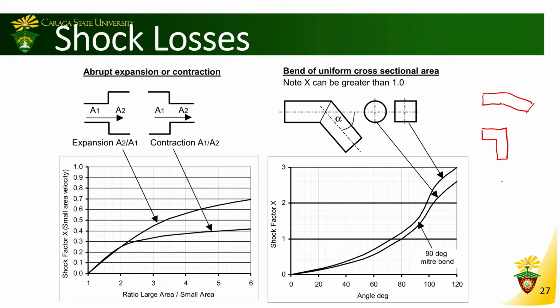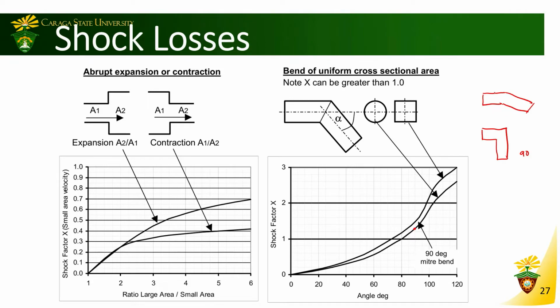we will have a greater shock factor X for a 90 degree bend, around this part, for example, than that with a smoother bend, no?